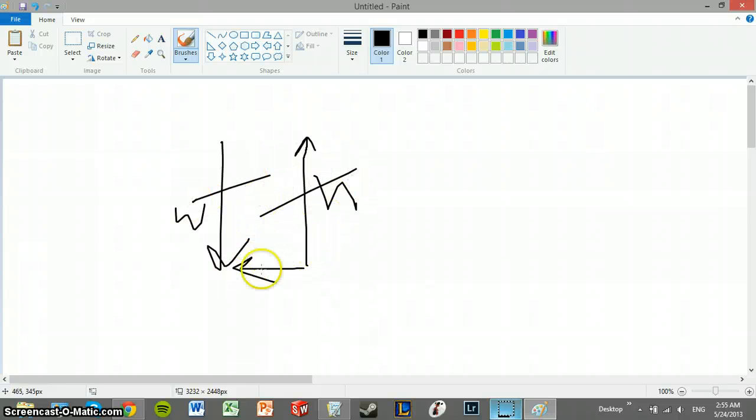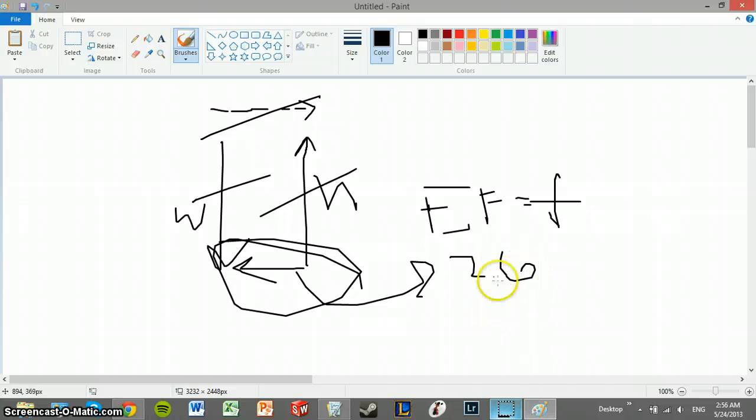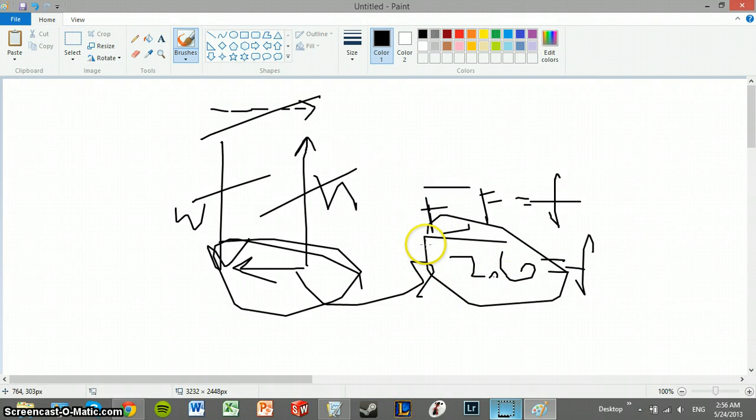But the problem here is that there's no spring force going this way. This doesn't exist. So this is your sum of forces, and this is friction. So the spring force equals the friction, and we already know the spring force equals 2.6. So 2.6 newtons is the force acting on it backwards. So that's that.